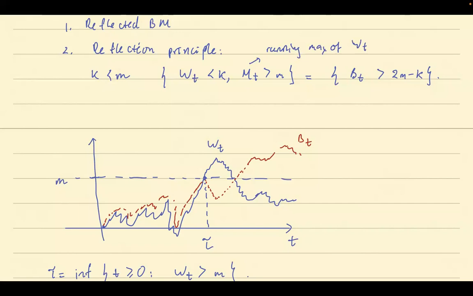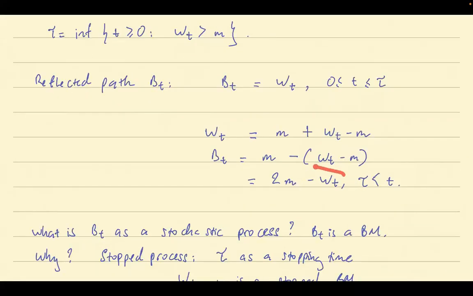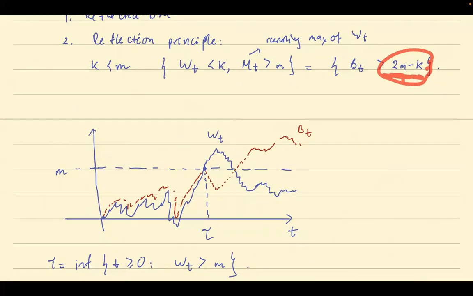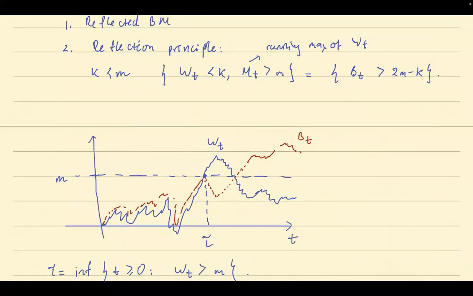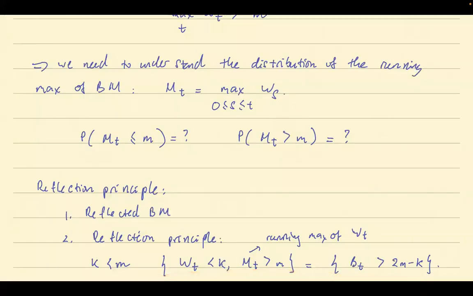So first, let's talk about why this is useful and what is this saying. First of all, I hope you don't feel too strange that exactly this 2m minus k is something like this, you see? Wt roughly you can see is k, then this is 2m minus k. On the other hand, how this is useful is this. Remember how I was going on and on about how this is super hard to derive?